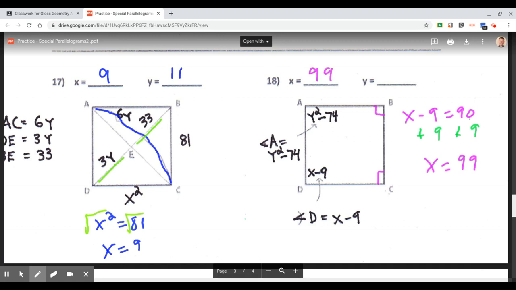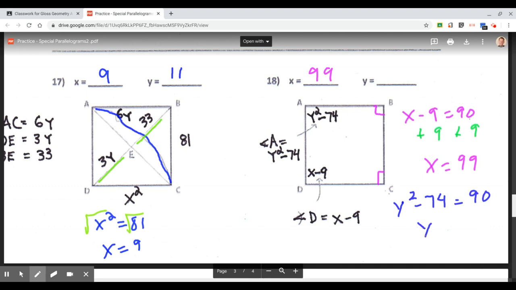All right, well, doesn't the same situation happen with y? Because if angle A equals 90 degrees, wouldn't it also be y squared minus 74 equals 90 degrees?